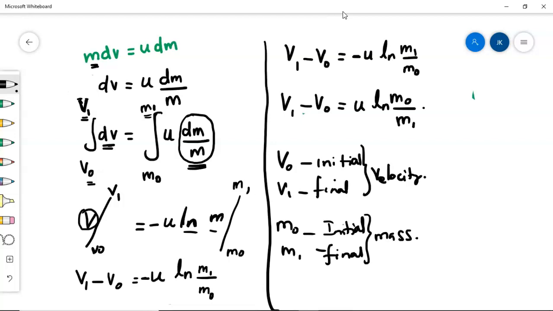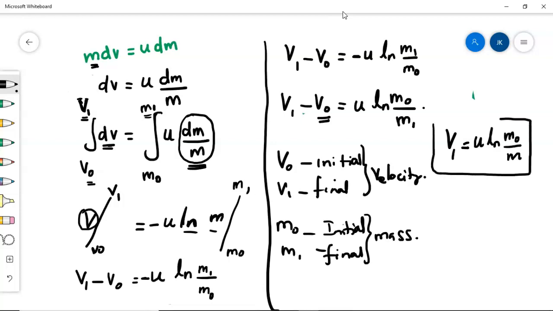So we can write this equation: v0, the initial speed, is 0, so we can cancel it, and we get v1 equal to u ln of m0, the initial mass, divided by the final mass m1.